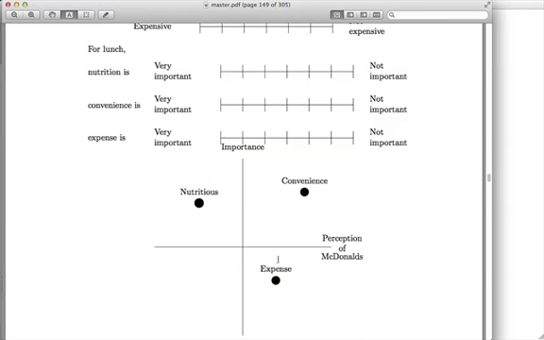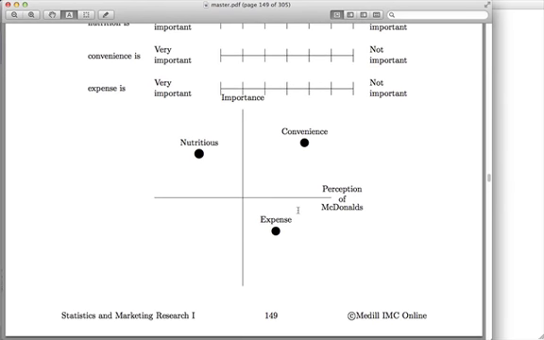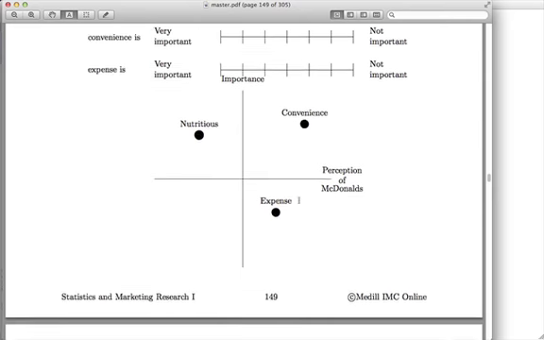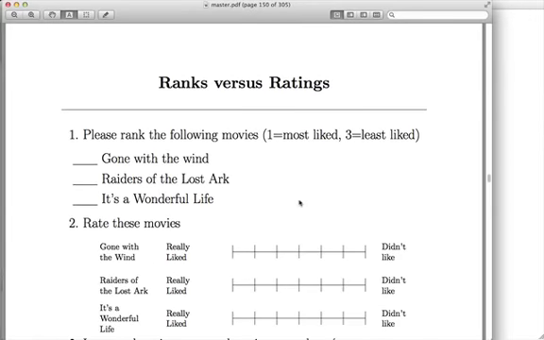Items in the fourth quadrant, on the other hand, are things that you're doing pretty well. So McDonald's is perceived as low expense. It's not really that important to consumers. Well, you're maybe wasting your effort then. So it's a very simple graph that goes over very well in client projects, and you can make it very easily with a survey.